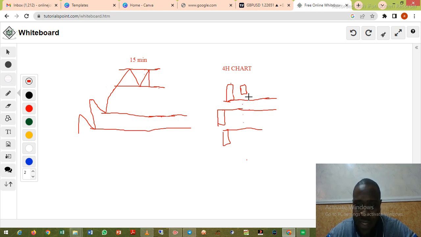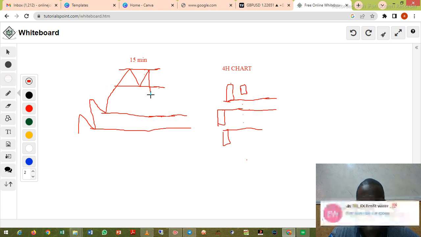Is it going to last in the next 3 hours? Now let's say this 4 hour candle formed by 10, and by 11 the 15 minutes candle breaks here. Okay, breaks here. That means at 2, when this 4 hour candle is expiring, I'll close this trade.